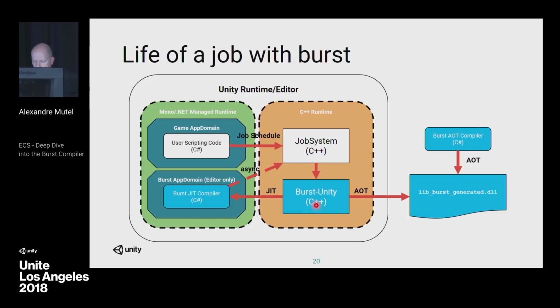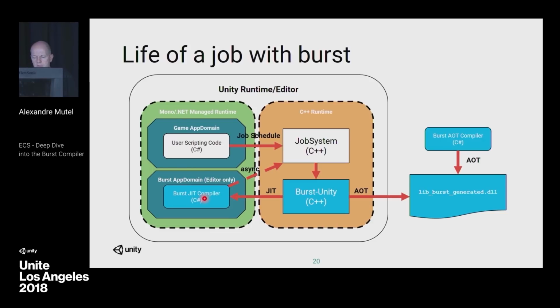In the case of the editor, we query a JIT compiler that is embedded in the app domain in the editor that is persistent. This JIT compiler is going to produce the method asynchronously, and it will call back the job system with the method once it's compiled. If there are any errors, it will print the errors in the logs.